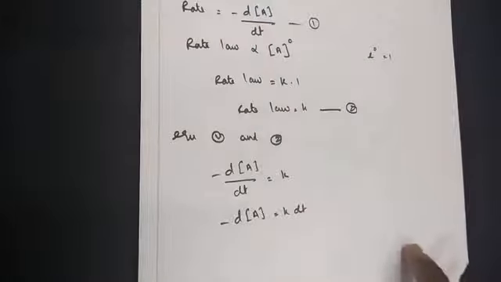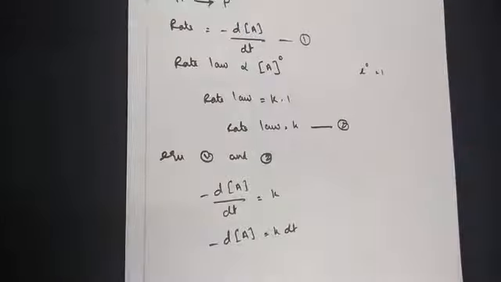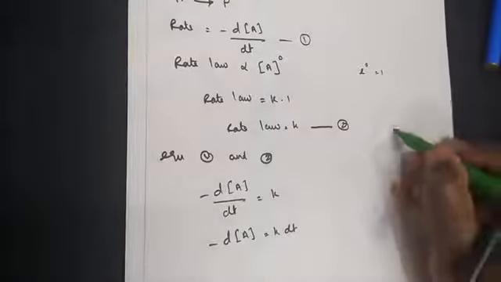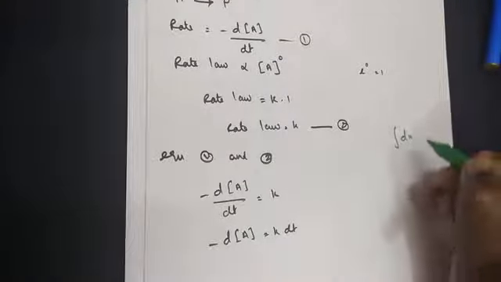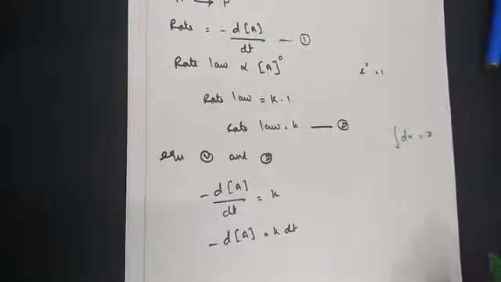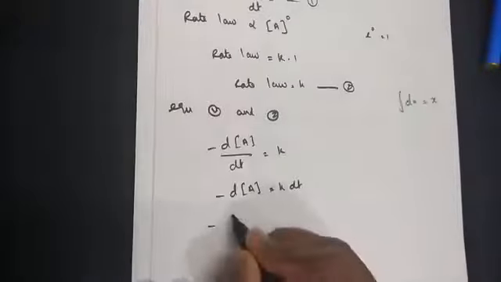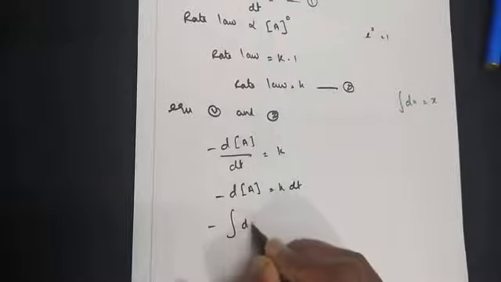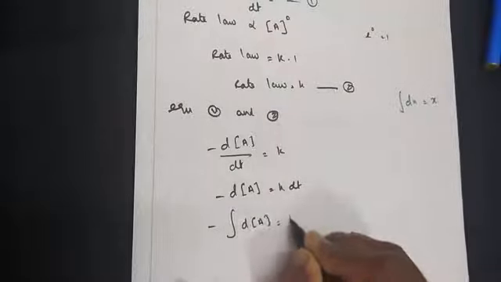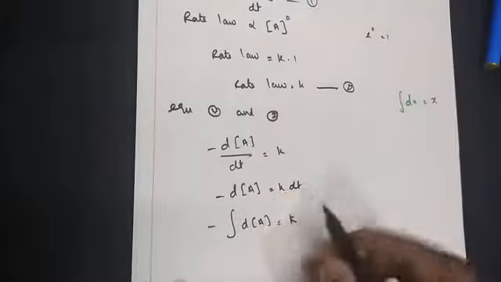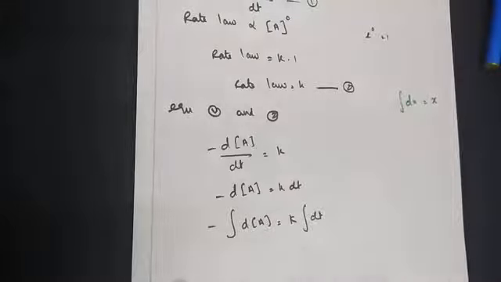Now if you remember the law of integration, that is integration of d of x is equal to x. So we need to integrate: minus integration of d of A is equal to K outside, since the constant comes out, integration of dt.